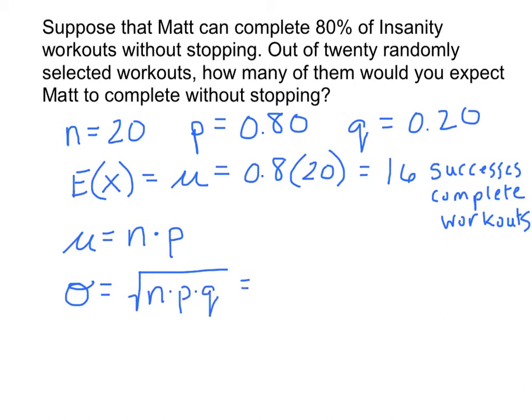And so in this situation, it's going to be the square root of n is 20, the probability of success is 0.8, and the probability of failure is 0.2. And so that will be approximately 1.8.